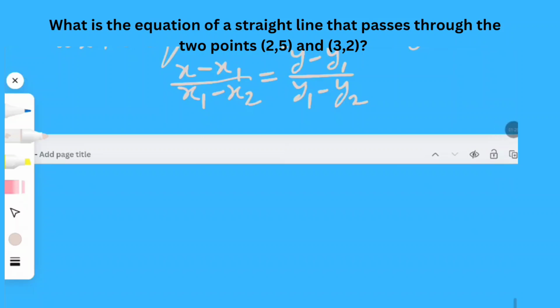Now we will put the values of the coordinates in this equation.